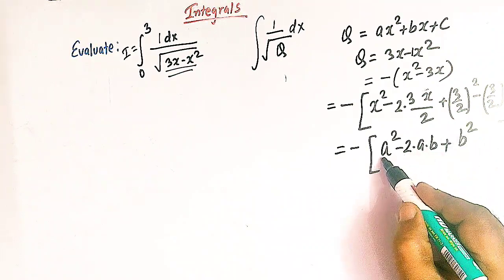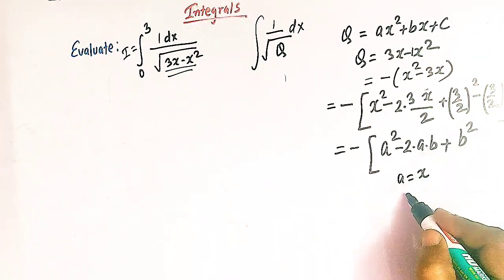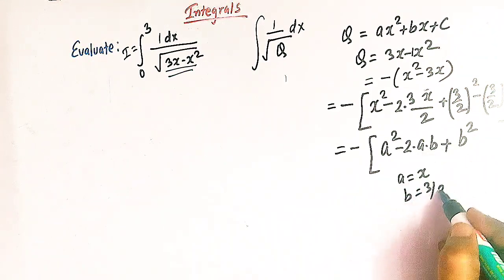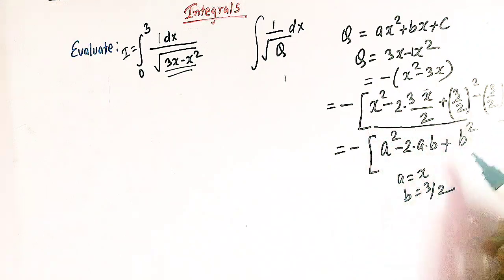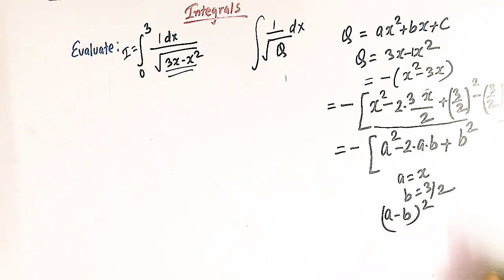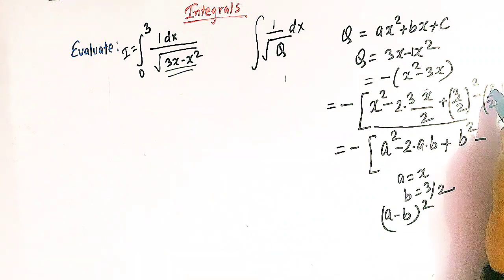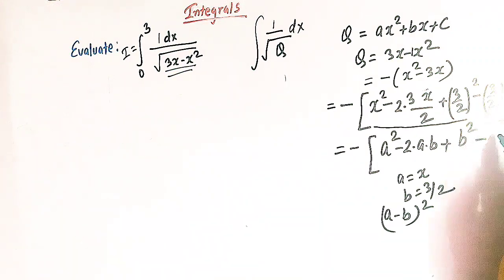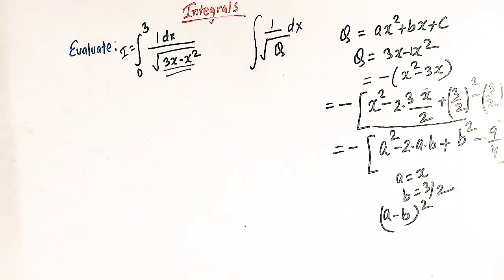So a is x, and b is 3 by 2. So now these three terms give us the square of a minus b, and here we have minus 3 by 2 square, that is 9 by 4.